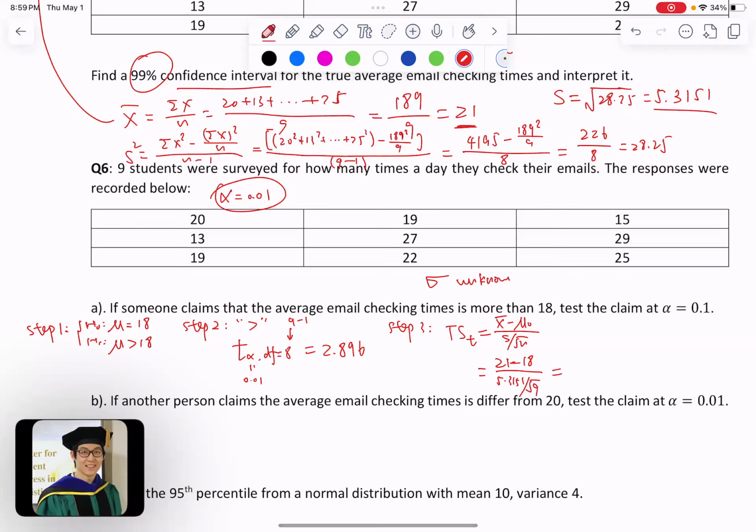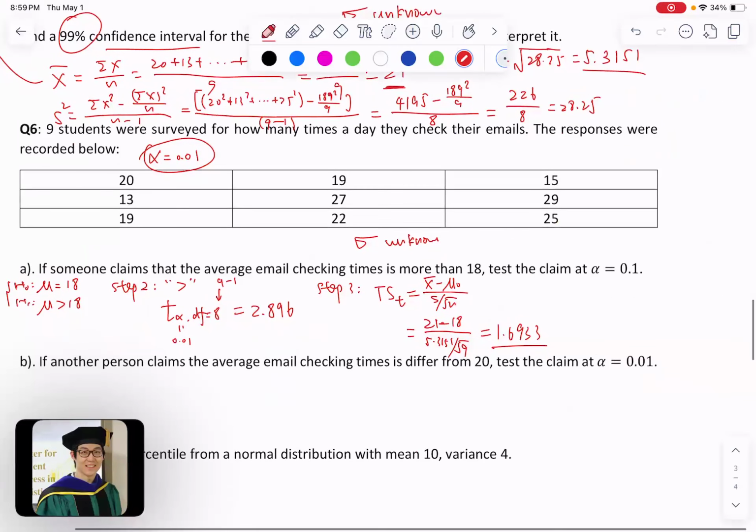So that's 3 divided by (5.3151 divided by 3). That's 1.6933, the test statistic.